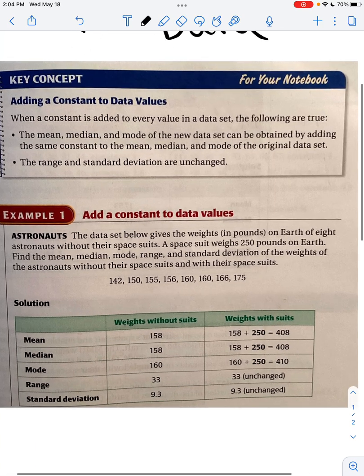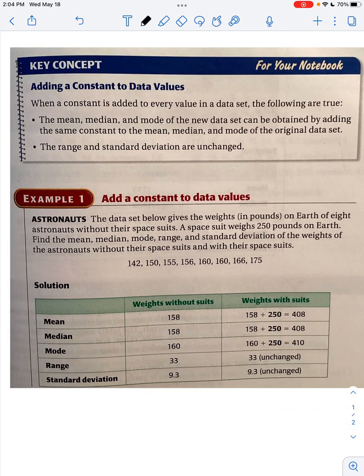If we look at example 1, the data below shows the weight in pounds on Earth of 8 astronauts without their spacesuits. A spacesuit weighs 250 pounds on Earth. Find the mean, median, mode, range, and standard deviation of the weights without their spacesuits and with their spacesuits. So they calculated the weights without the suits. The mean was 158, the median was 158, the mode was 160, and then the range and the standard deviation.